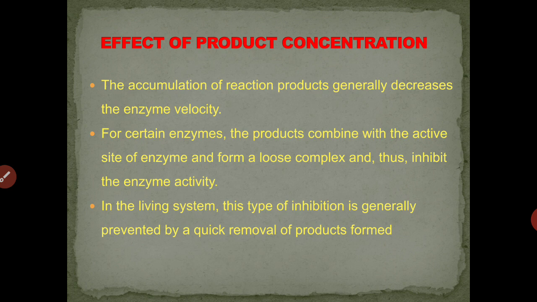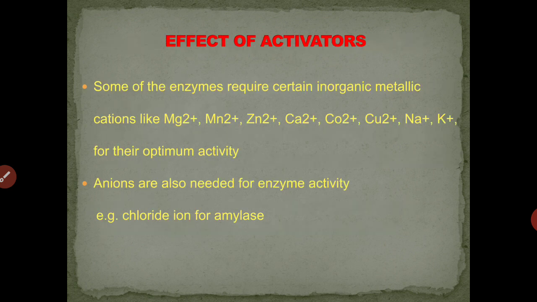For certain enzymes, the products combine with the active site of the enzyme and form a loose complex. That is how they inhibit enzyme activity. That is called feedback inhibition. In our living system, this type of inhibition is generally prevented by quick removal of the products formed. Okay, so that is about the product concentration.